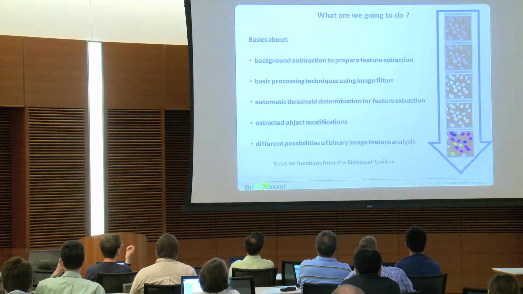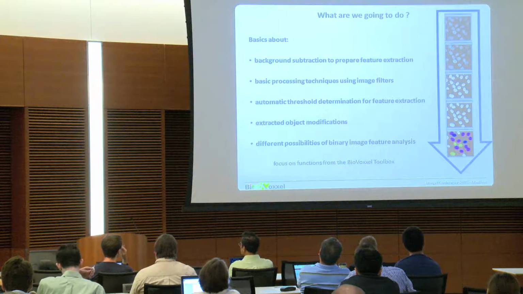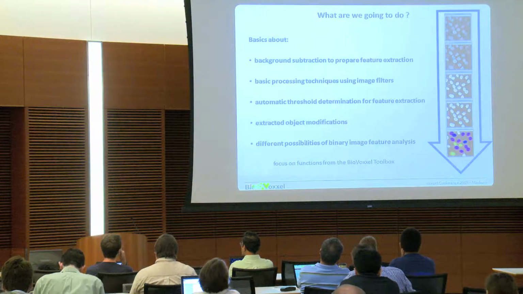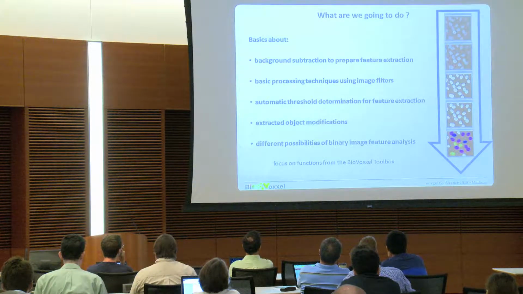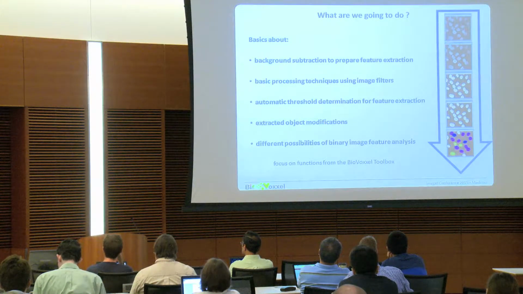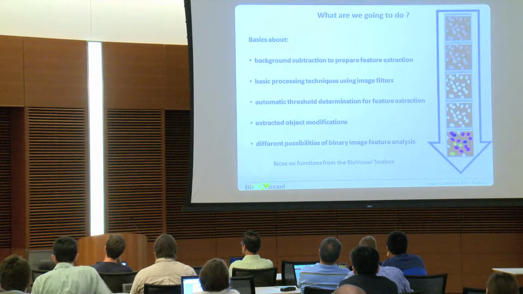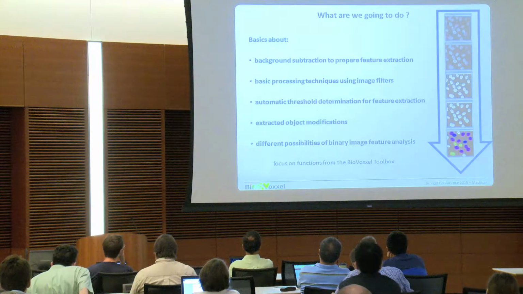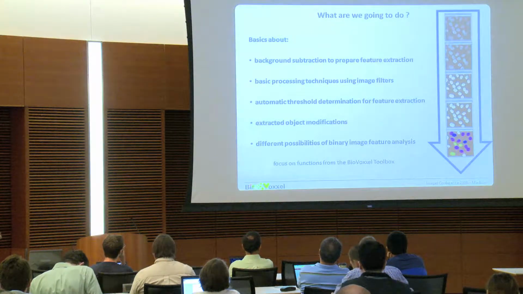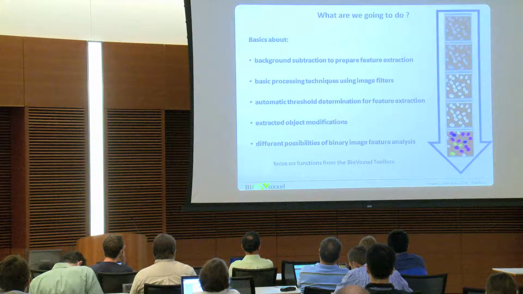Then we come to automatic thresholds, so the extraction process of the objects of interest you have in your image. Then how can we modulate, so those binary modifications Ari also mentioned, how can you modulate what you have extracted, and then different possibilities of analyses.